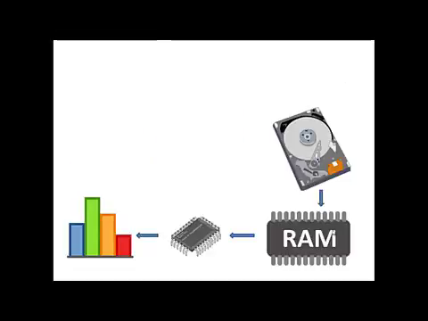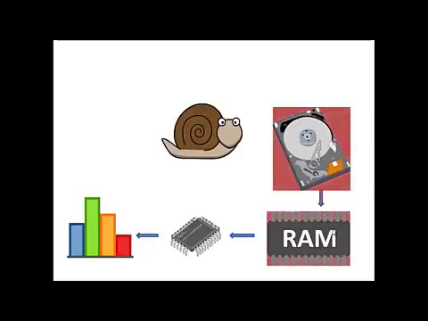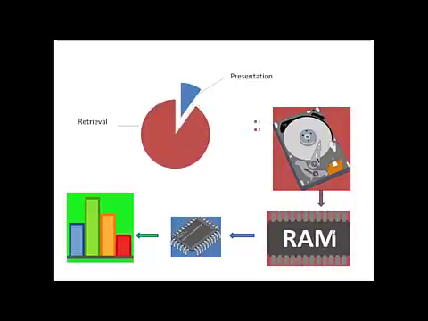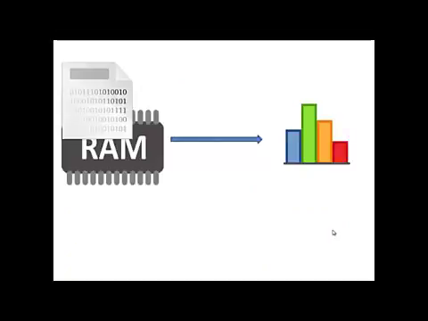So if you look at this whole process, most of the delay is because of the data retrieval. In fact, about 90% of the time is taken by retrieval, and only less than 10% is taken to present in the form of a report. So why don't we start thinking about storing the data in the RAM itself, in the memory itself, which means you basically put the snail on a rocket.